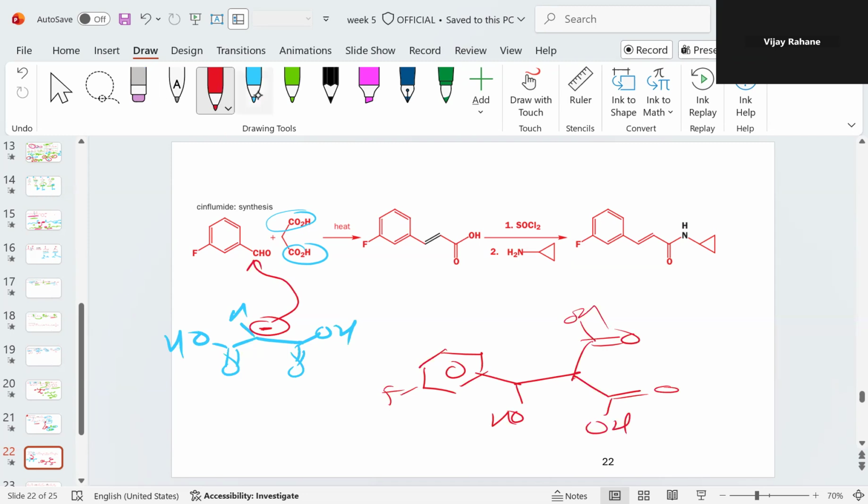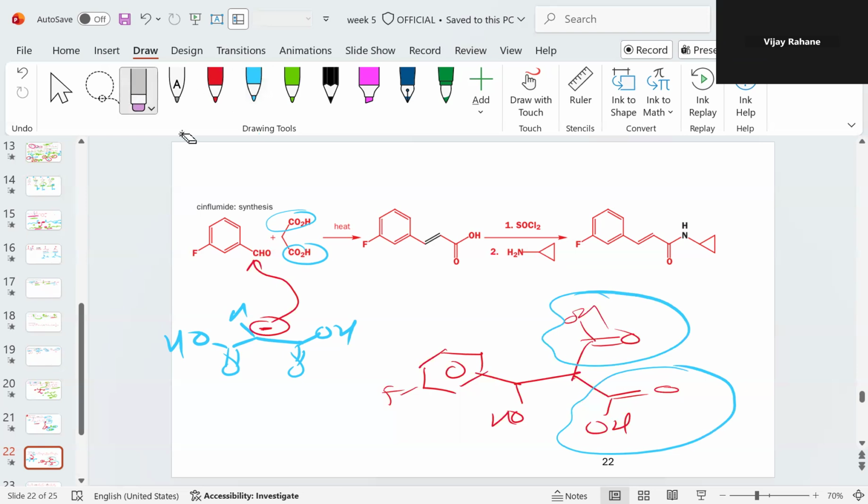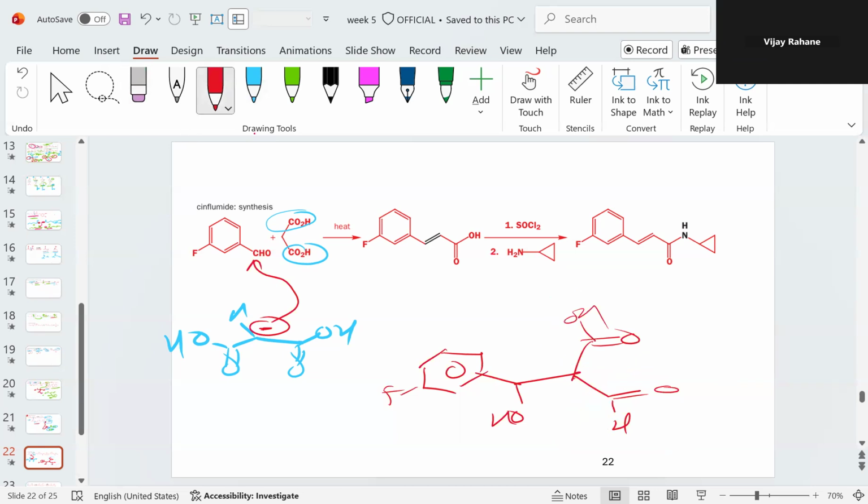And if you look closely here again, two acid groups are attached on the same carbon atom, so it's an unstable intermediate, so it undergoes decarboxylation to give this intermediate. So this hydroxy group as well as these groups get eliminated.